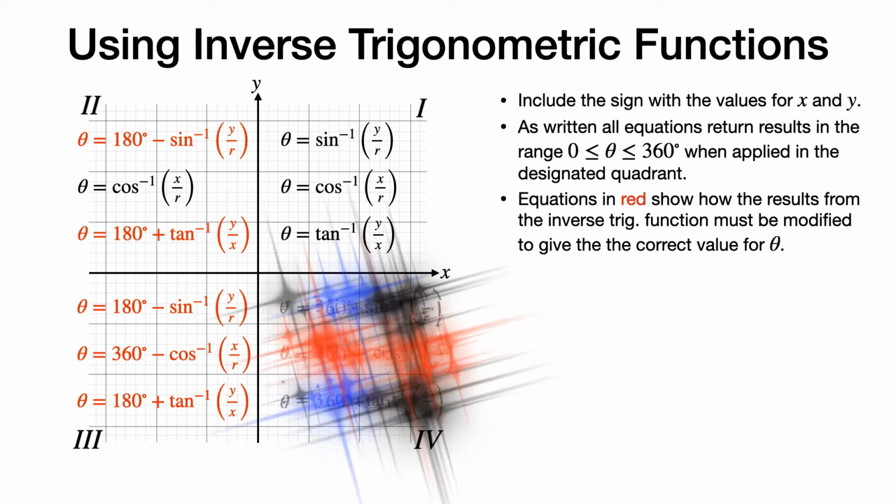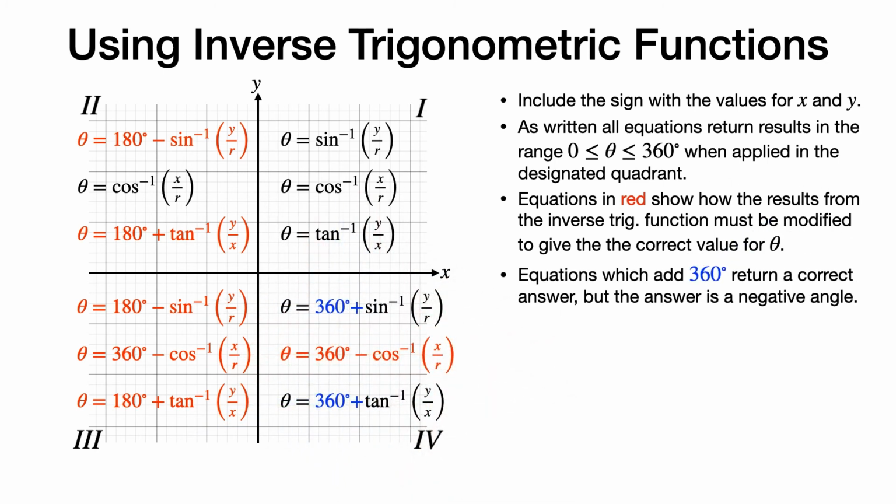And in quadrant 4, it gets a little bit odder still, because in this case two of the functions, the sine and the tangent, if we plug in x and y with the correct sign, will give us a correct answer, but it's actually a negative answer between 0 and minus 90 degrees. If we want the answer to be between 0 and 360 degrees, then we have to add 360 degrees to what's returned. And the cosine still returns the wrong answer.